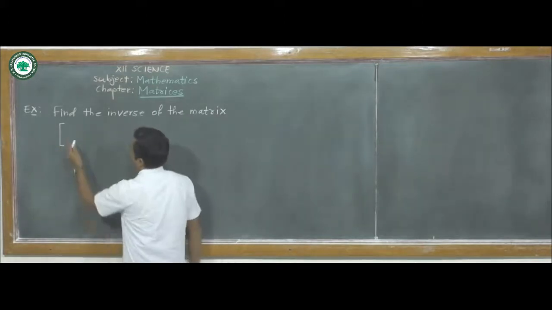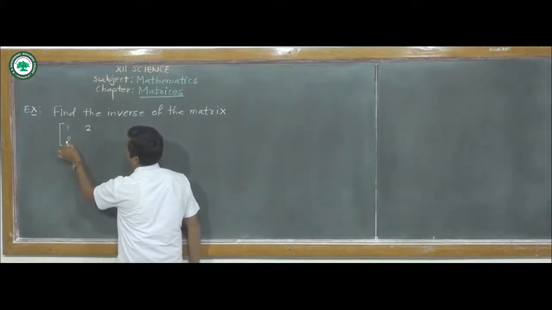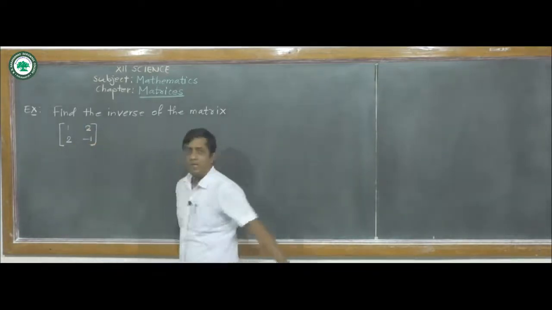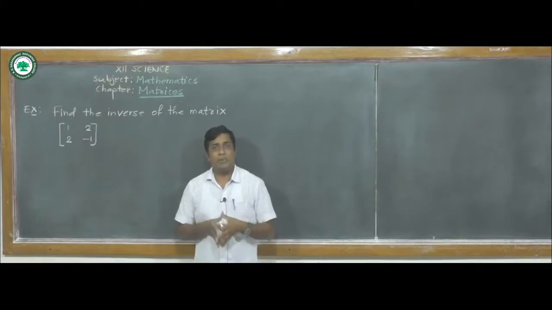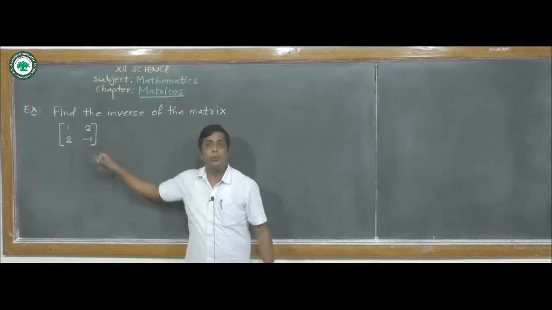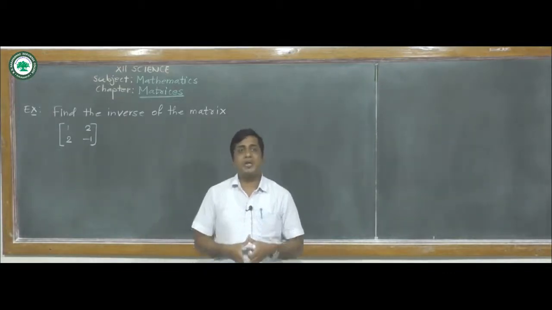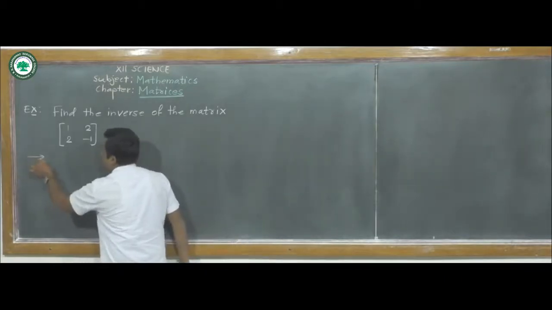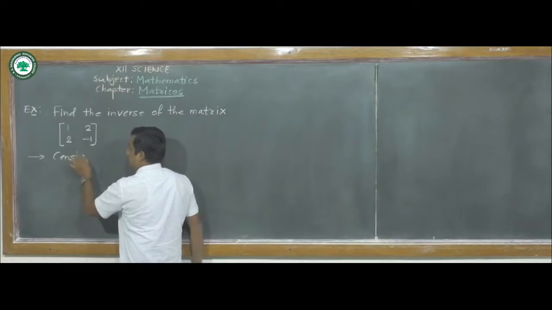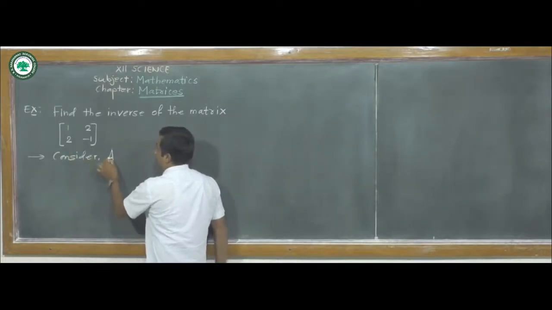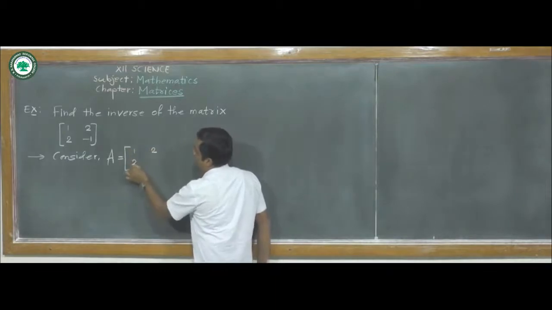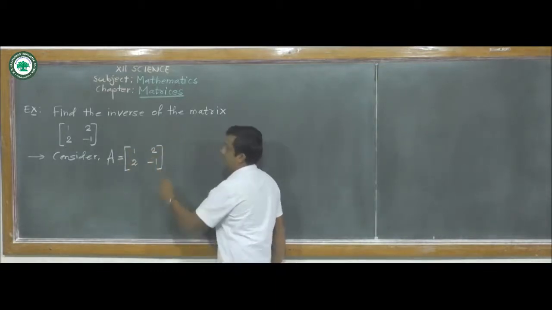In first row we have 1, 2, and in second row here 2 minus 1. So this is the given matrix having order 2, that is having 2 rows and 2 columns. Let us consider this matrix as A. Consider here matrix A as here in first row 1, 2, and in second row 2 minus 1.